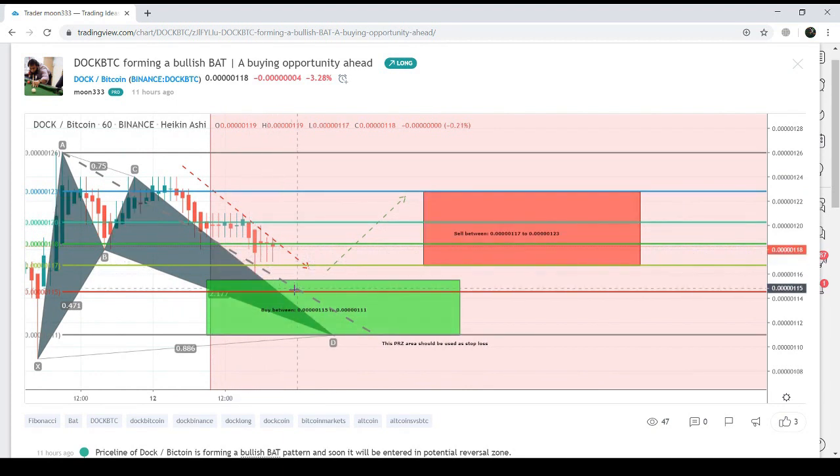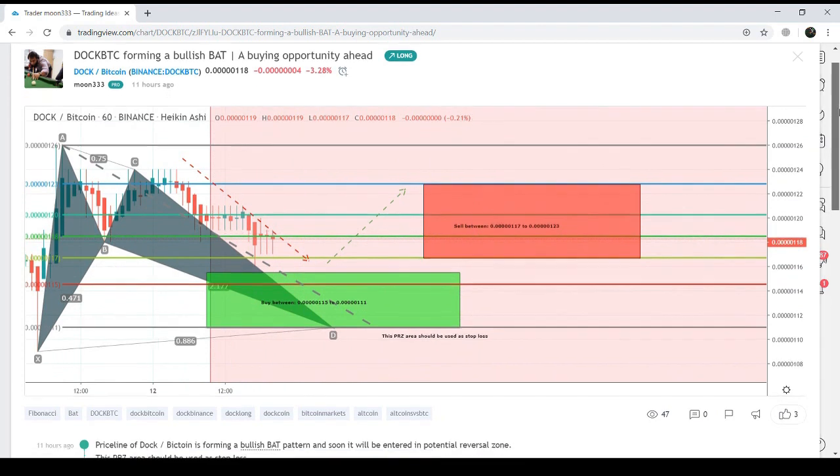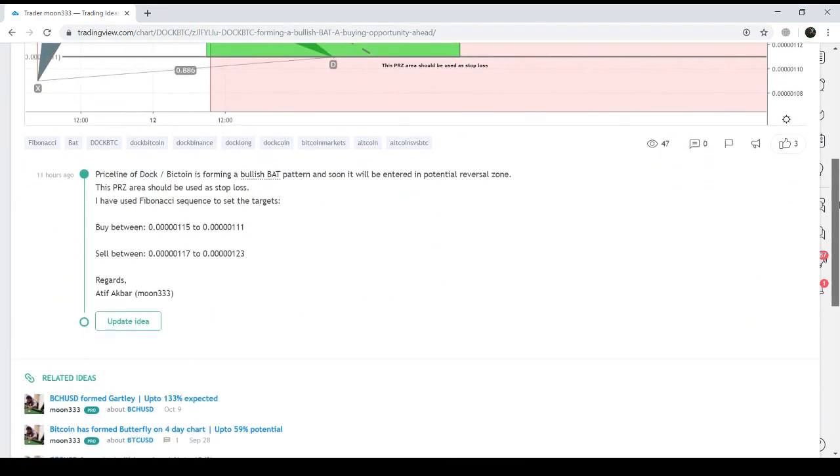I have set my buying area from 0.618 up to 0.886 Fibonacci. However, you can try to buy it from 0.786 up to 0.886 Fibonacci, because the bat pattern should be from 0.786 up to 0.886 Fibonacci. I have set my sell targets using Fibonacci sequence of AD Fibonacci projection. I have also shared these targets in the chart description.